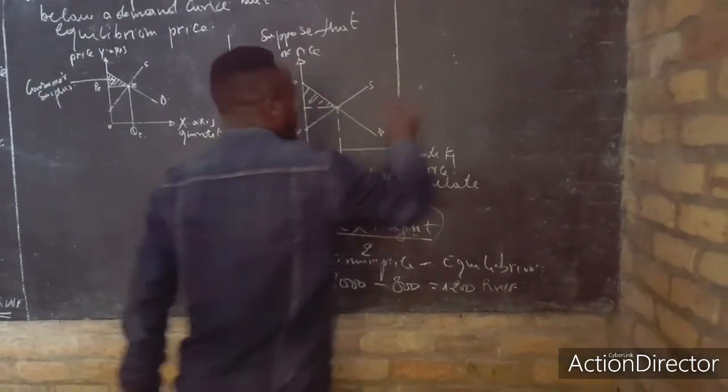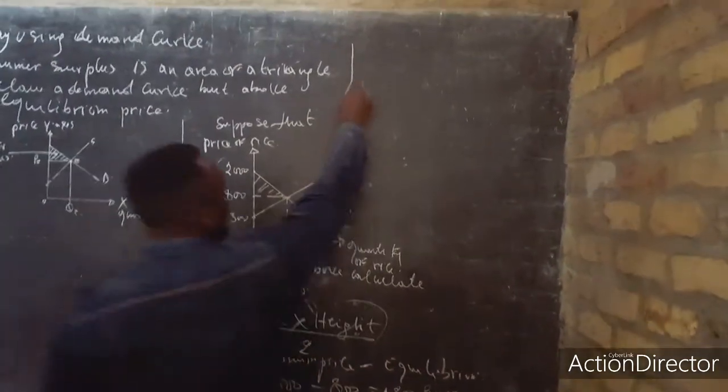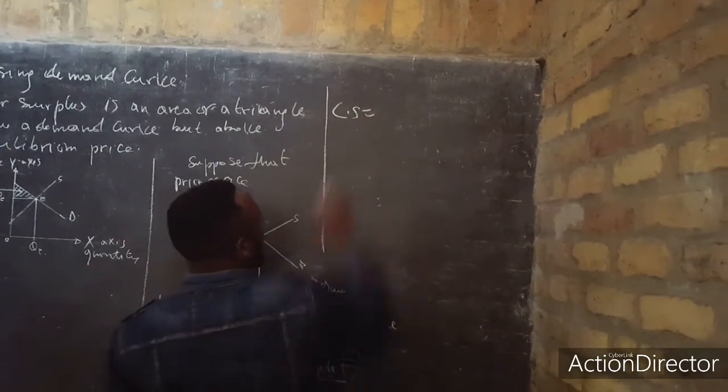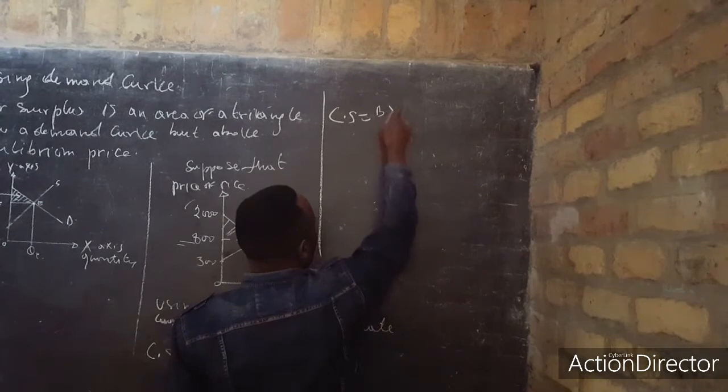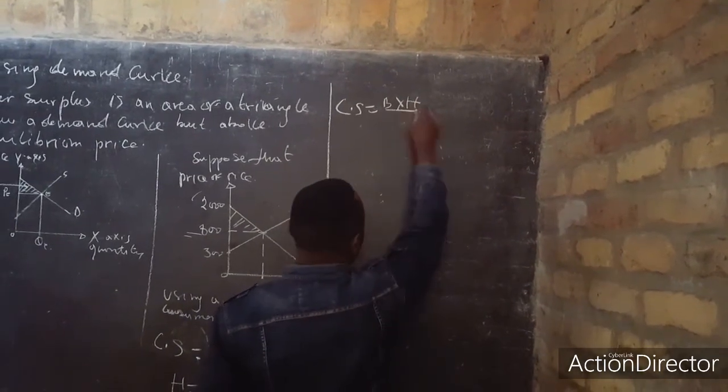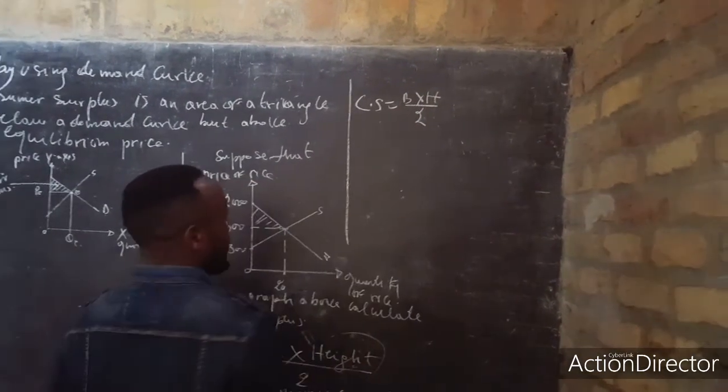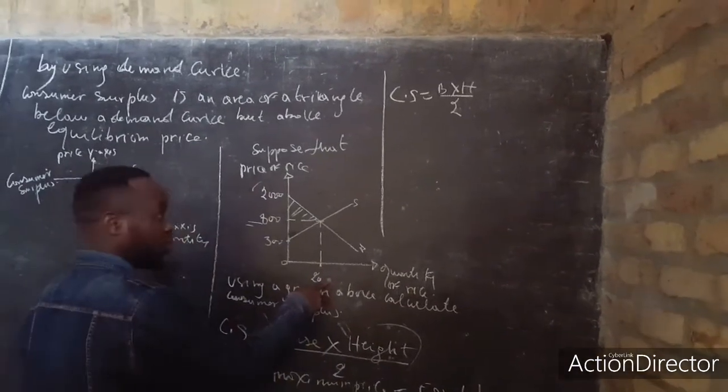Here, our consumer surplus is equal to base times height over 2. Base represents a quantity.